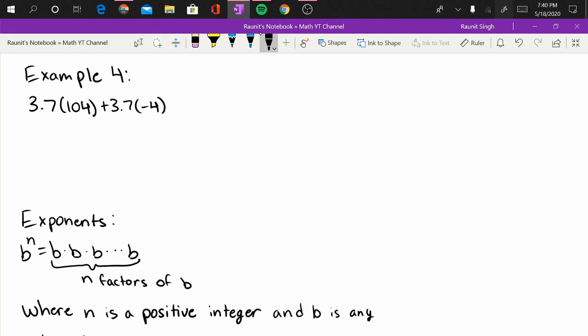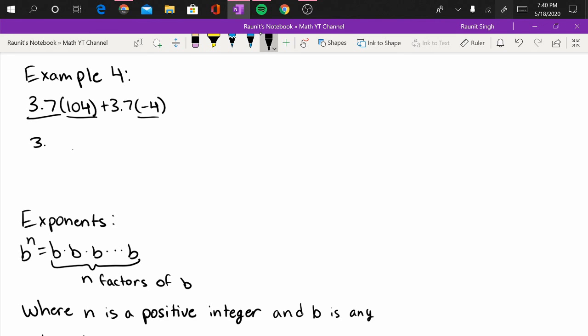So remember that it's A times B plus C equals A times B plus A times C. And in this, our A is 3.7, our B is 104, and our C is negative 4. So let's solve it.